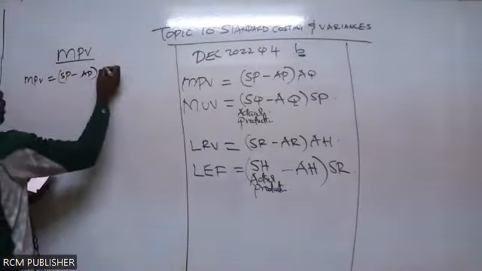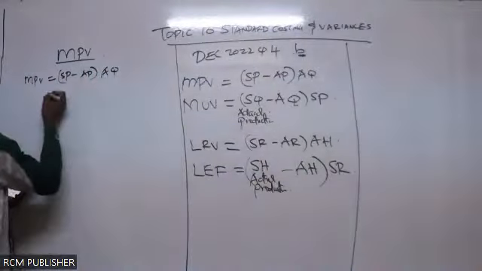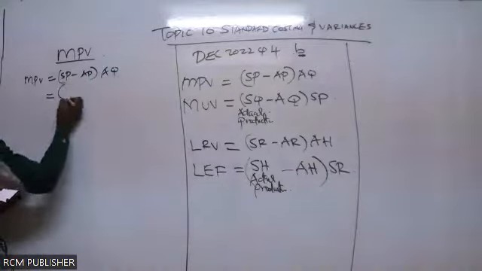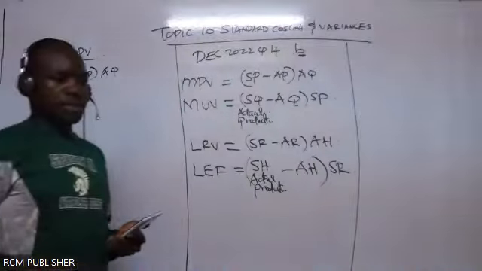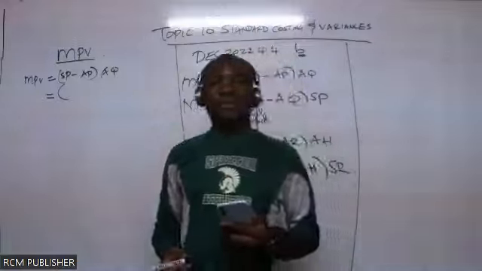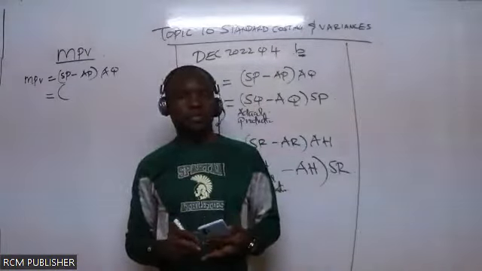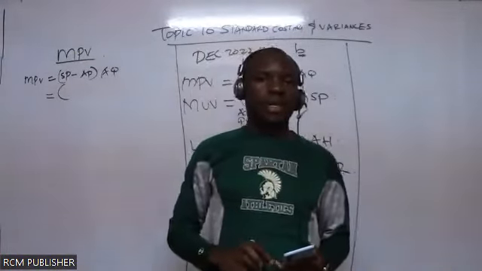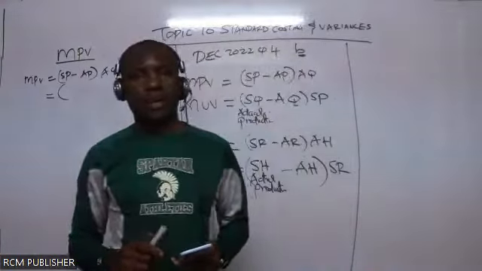Then we multiply by actual quantity. So what are we going to have? Somebody to give us the standard price. How much will the standard price be?